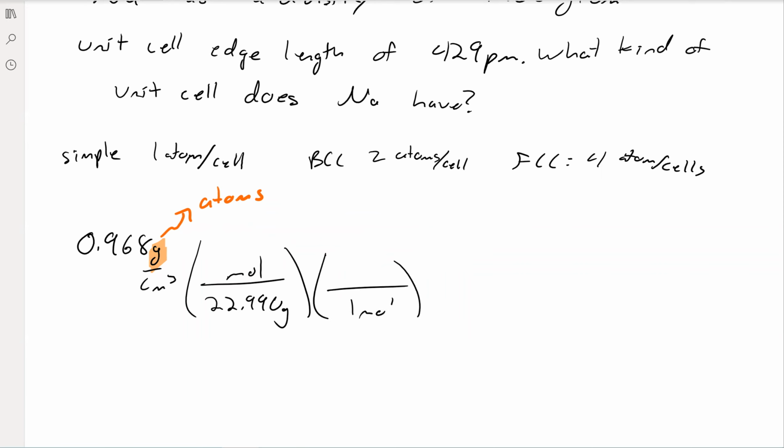And then using Avogadro's number, 6.022 times 10 to the 23 atoms per mole, we can then get that there are 2.54 times 10 to the 22 atoms per cubic centimeter, right? So that's a whole lot of atoms, but that's in a cubic centimeter, which is much greater than a unit cell.